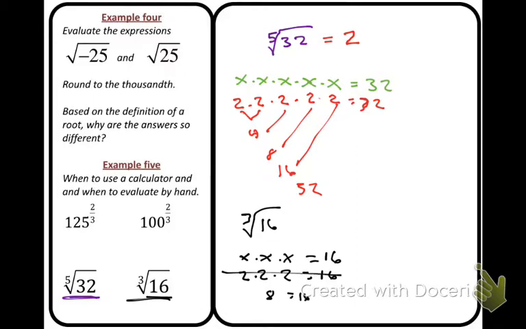It's not 2. We can try 3, but 3 won't work. So for this one, we're also going to need a calculator. The cube root of 16 ends up being 2.51984, and so on. It's an irrational number. So, calculator for the cube root of 16.